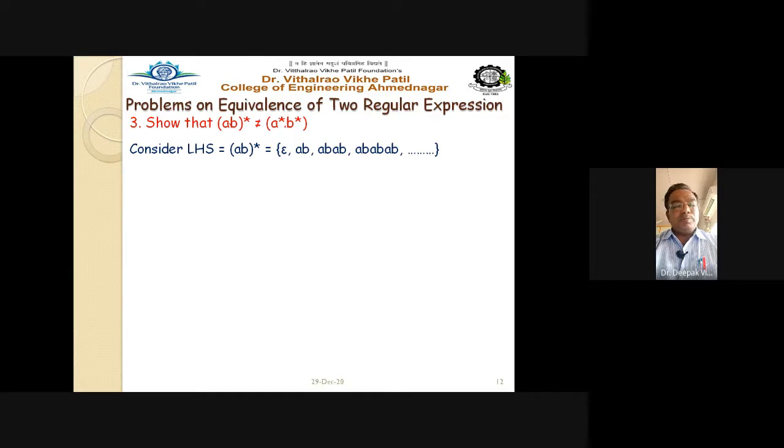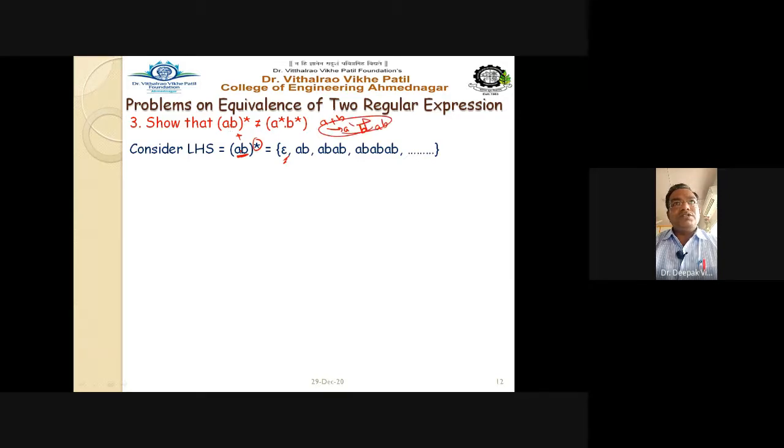So which different strings can it give? It can give epsilon, because as it is a star, an empty string must be there. Then AB, because it is a dot operator. Dot means A and B are now one term, because it is not a plus operator. If it were a plus operator, A plus B, then it could have either A or B, or you can have AB. This is possible in case of the plus operator.